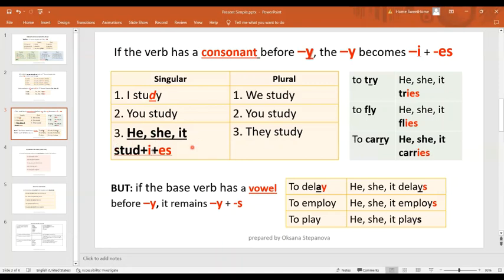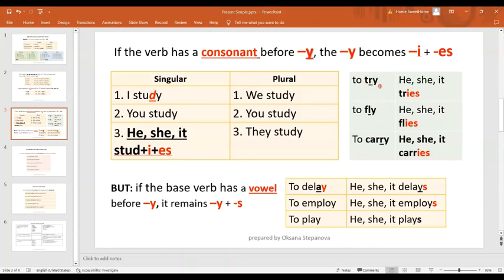He, she, it. So now we have studies. Do you see the changes? There is no Y. We removed Y, or Y magically has become I-E-S. And we say he studies. She studies at the university. It studies. Just for practice, we use it as well to practice the grammar.